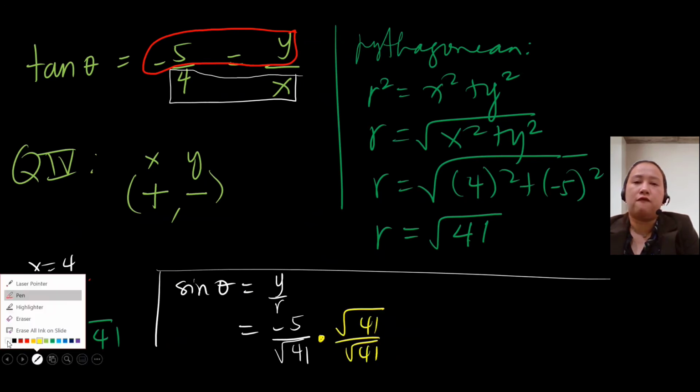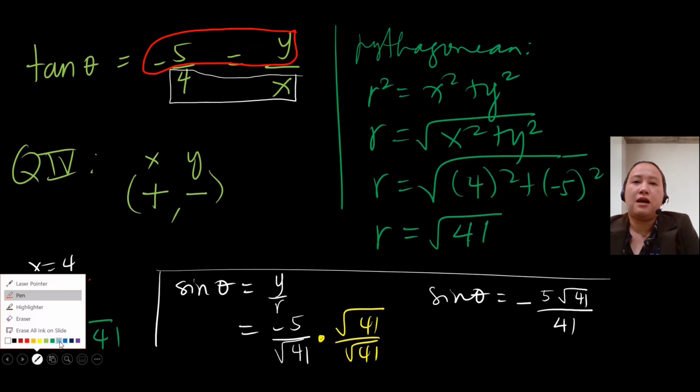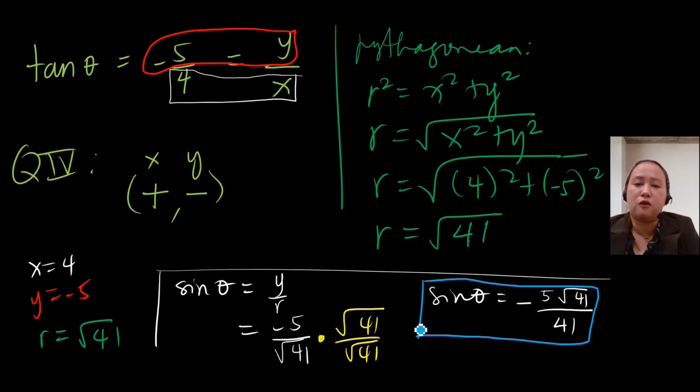So we have sine theta equals negative 5 square root of 41 over 41. So this is the final answer. By the way, class, when it comes to your answer, the negative can be put in the numerator or in the denominator. That is for the final answer.